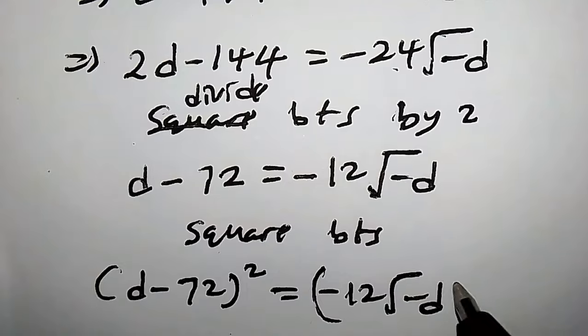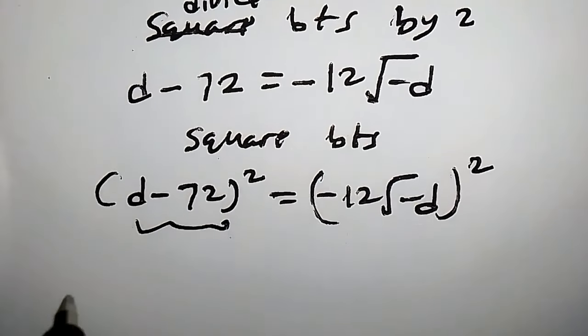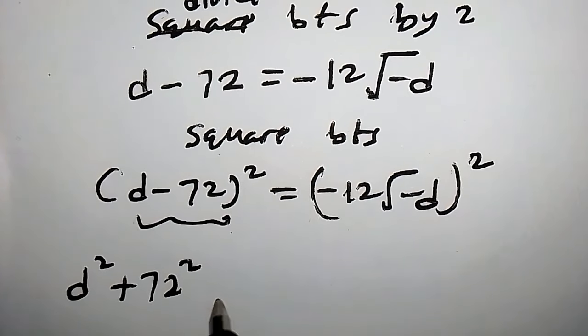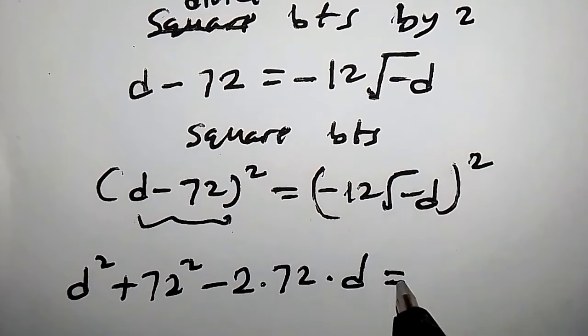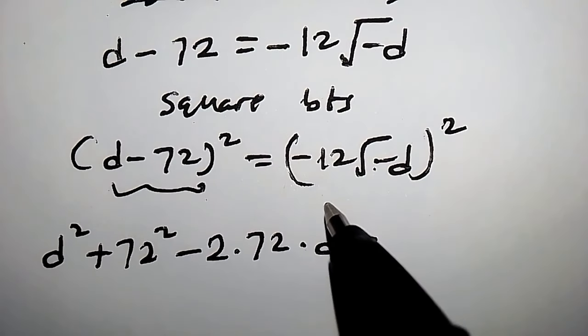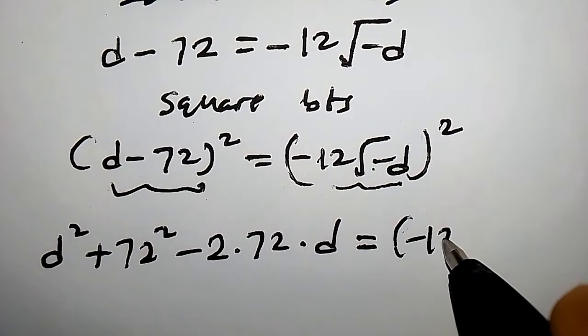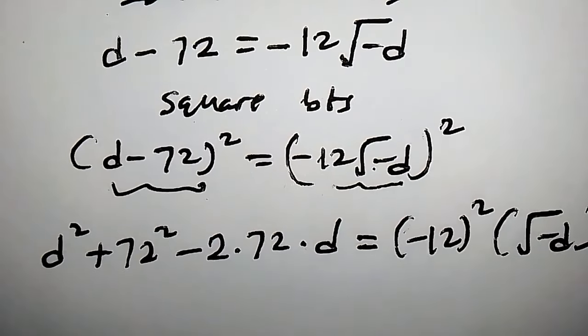negative d all squared. If you expand this very well, you will have d squared plus 72 squared minus 2 times 72 times d equal to, applying this power to this, we can also write it as minus 12 all squared times square root of negative d all squared.